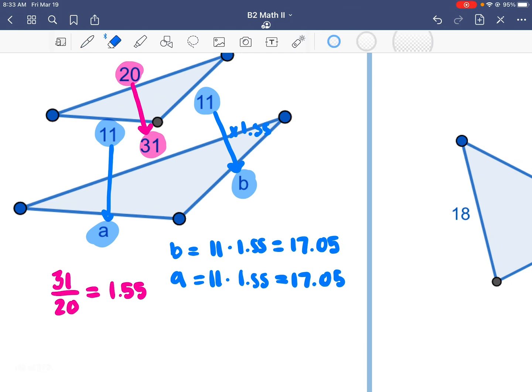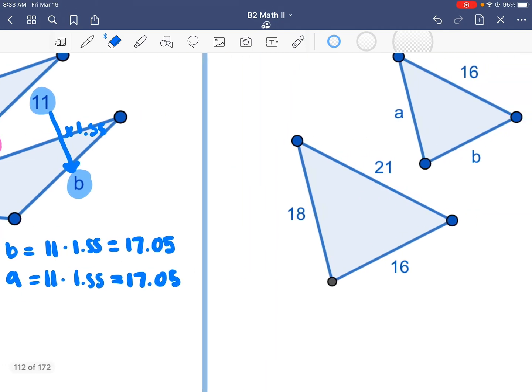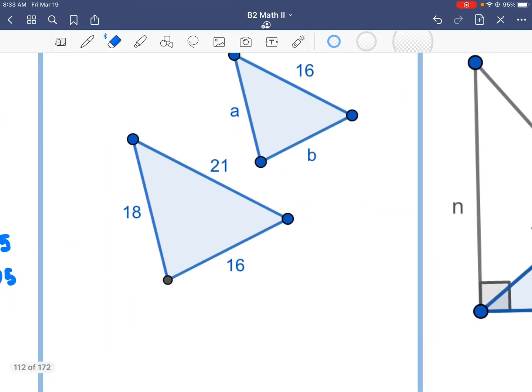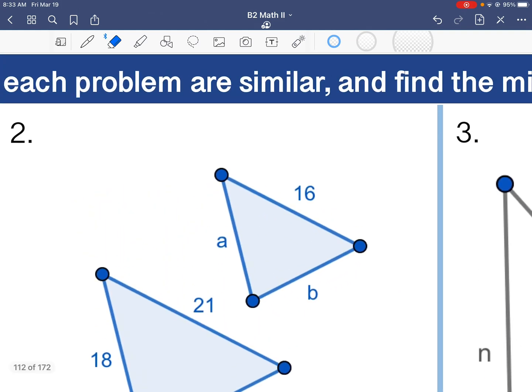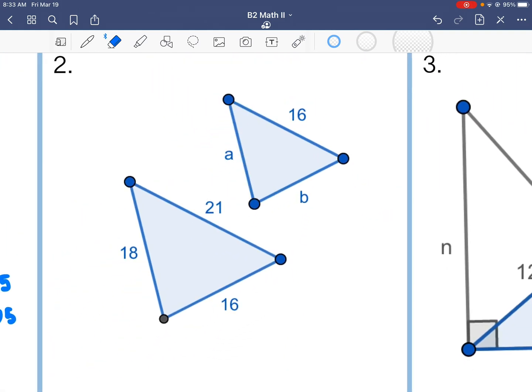Lovely. Okay, so our idea here is that we find the scalar. We find how much bigger one is than the other, and then we use that to scale all the sides correctly. So number 2, we have a filled out triangle here, 18, 16, 21, and a not filled out triangle. So we have to find the corresponding sides, which we can tell visually these two are corresponding.